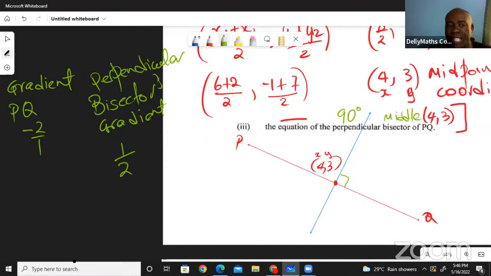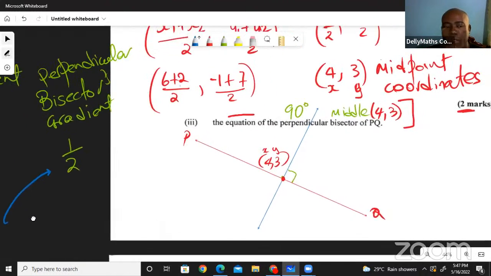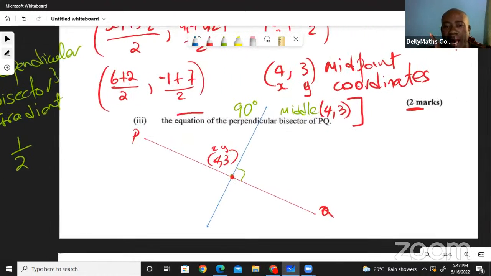Everything is negative. It's just a negative number. So when we find the negative reciprocal of it, we're suggesting to you it is going to be a positive number. And that's what we have right there. So looking at this right now, we have the gradient for the bisector. It is going to be positive 1/2.